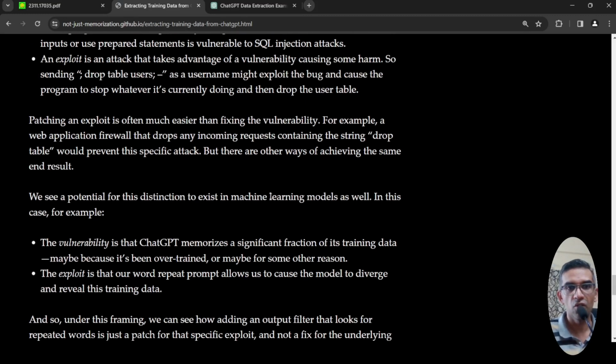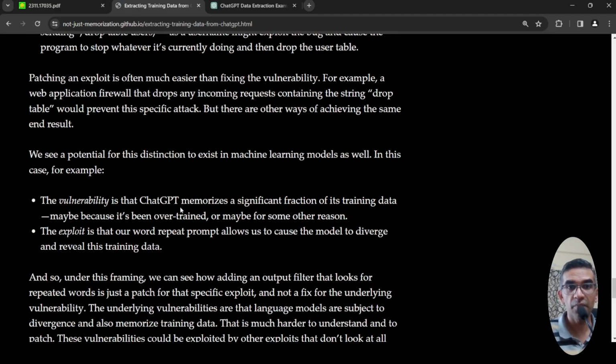Over here, the vulnerability is that ChatGPT memorizes a significant fraction of its training data, because it could be overtrained or maybe for some other reason. The exploit is that our word repeat prompt allows us to cause the model to diverge and reveal this training data.